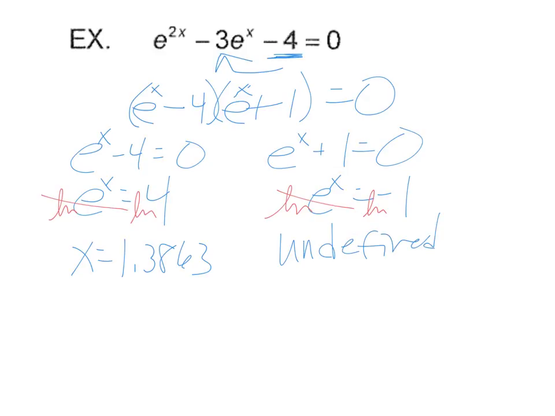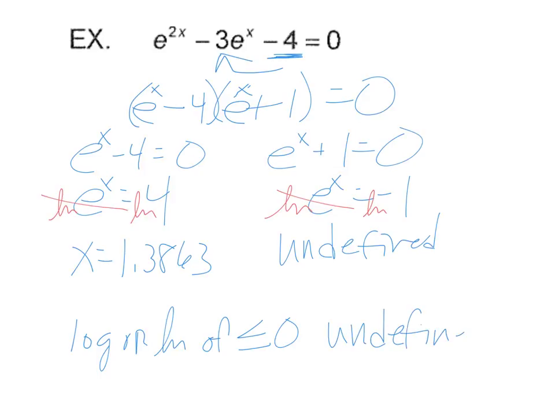So let's make note of that: log or natural log of anything less than or equal to 0, so that would be 0 and then all the negative numbers, is undefined. You can't take the log or natural log of a negative number or of 0.